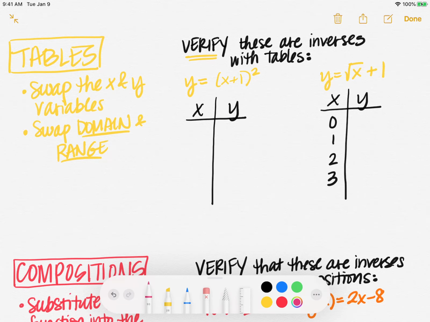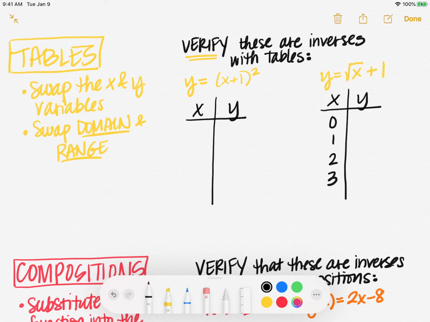So I'm going to mix it up a little bit, and instead of saying just swap the table, I want you to verify that these are inverses with a table. So that means we're going to create a table for the function and make sure that it works.